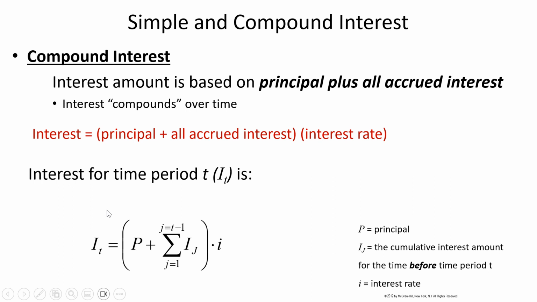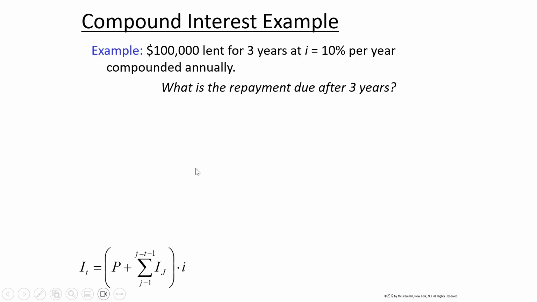This is the formula that we'll apply on the next slide to find the interest that's due at time period t. So that same $100,000, let's say it's a 3-year loan, interest is 10% per year. The previous example we looked at was simple interest. This is compound interest. The previous example said $130,000 would be due after 3 years.